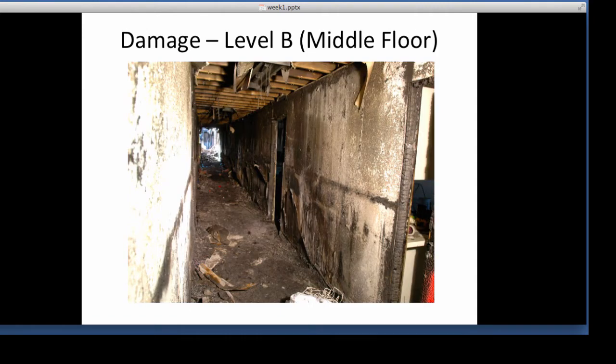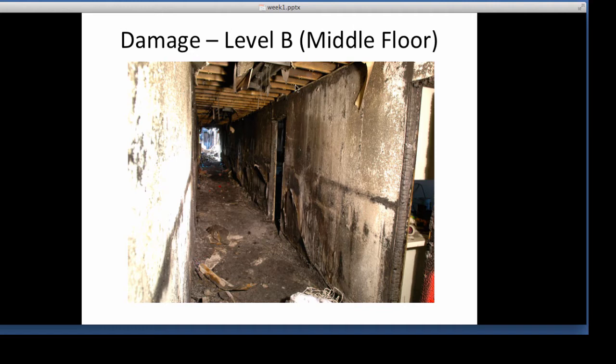Here's the middle level, we'll call it level B, in the hallway. And this is typical of the damage throughout most of the apartment. Had pretty severe burning. You can see on the drywall all the burn patterns here. There used to be wood paneling on these walls. You can see a little bit left down low here. But the apartments themselves on these levels were actually in quite good shape.